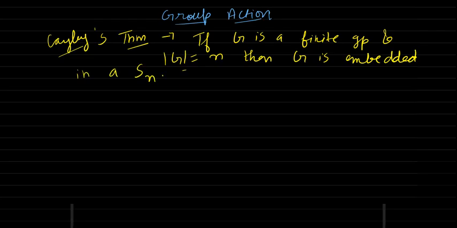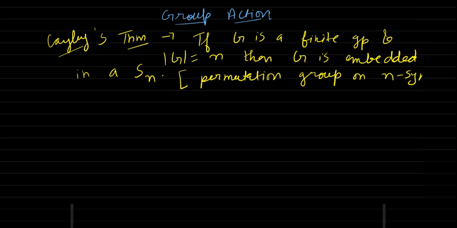This is the group Sn, the permutation group on n symbols. So it is saying that once we have any finite group G of cardinality n, that group will be embedded inside the group Sn.